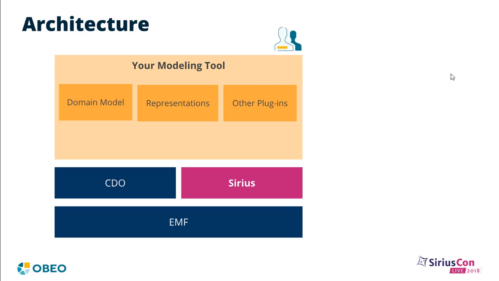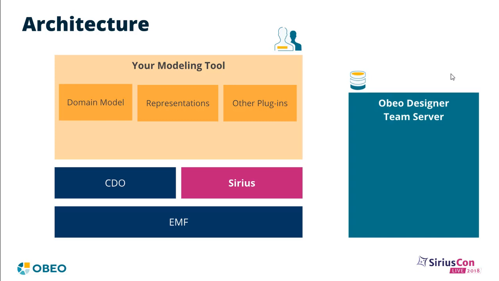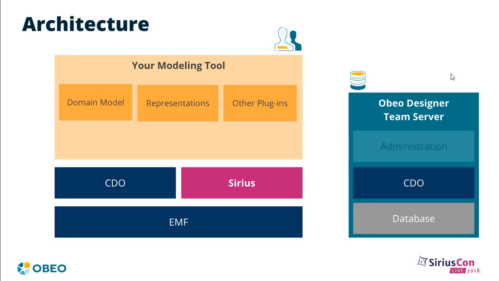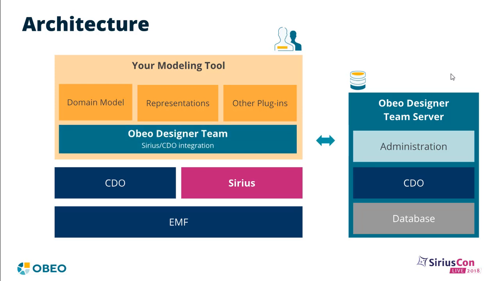To work collaboratively with OBEO Designer Team, you have to install the OBEO Designer Team server, which contains a database, the CDO technology, and administration tools. And then install with your modeling tool some OBEO Designer Team plugins, which provide the integration between Sirius and CDO. Or you can also use the ready-to-use package of OBEO Designer Team and install your modeling tool plugins in this package.